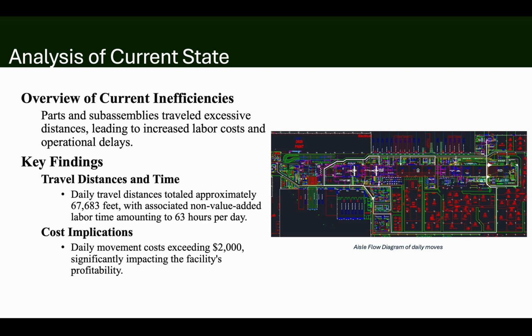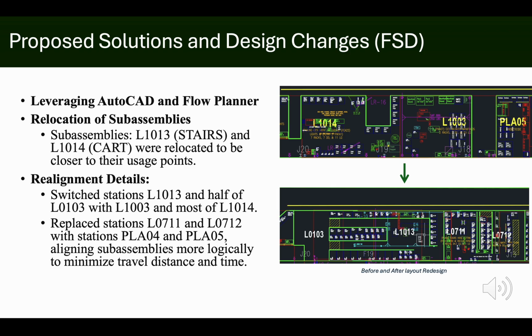This travel distance is creating roughly 63 hours of non-value added labor time per day. This distance and the associated non-value added labor time cost John Deere over $2,000 each day, which is a significant impact on the company's profitability.